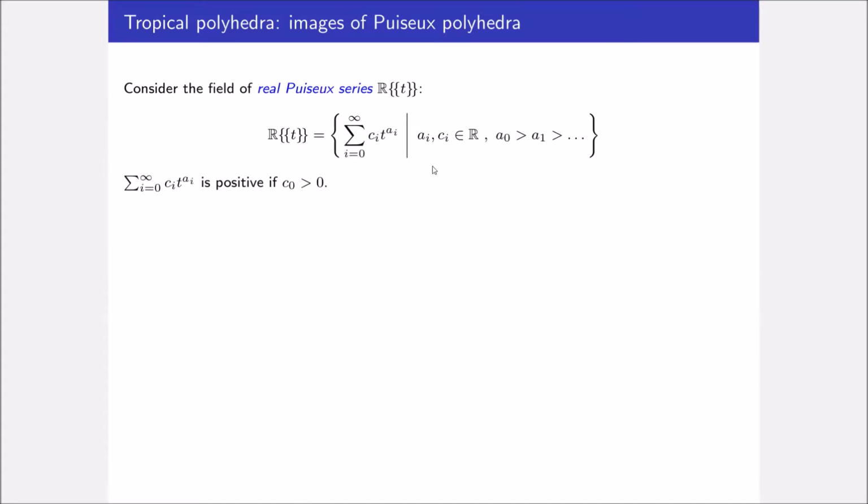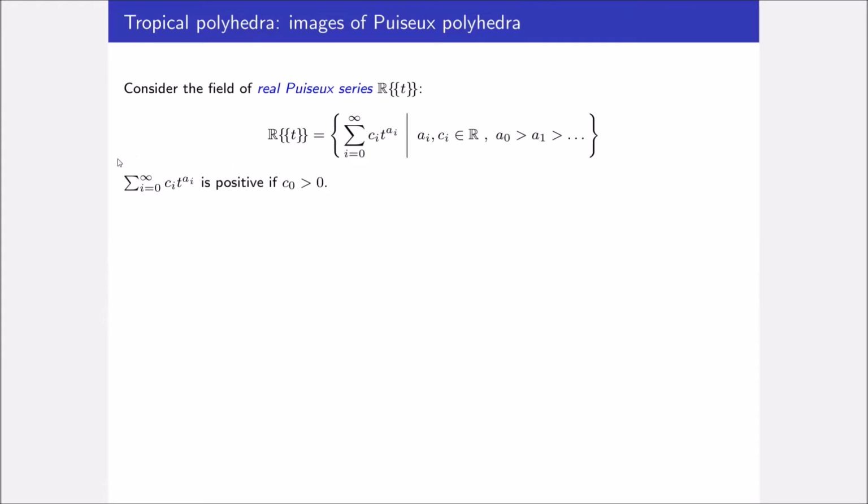The coefficients and the exponents are allowed to be real numbers, and I'm allowed infinitely many terms, but there has to be some well-defined maximum, A0 being the maximal exponent, and then we're strictly decreasing from there. There are also some other technical well-ordering conditions to make sure this is really a field and everything plays nicely.